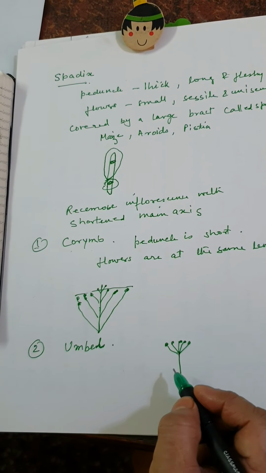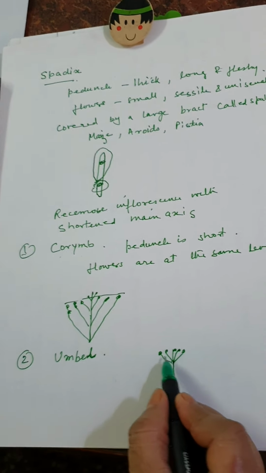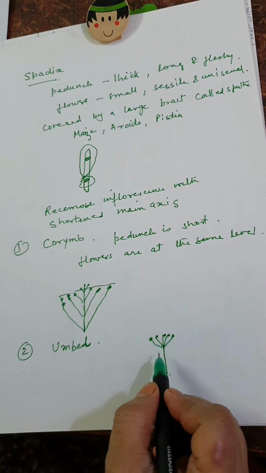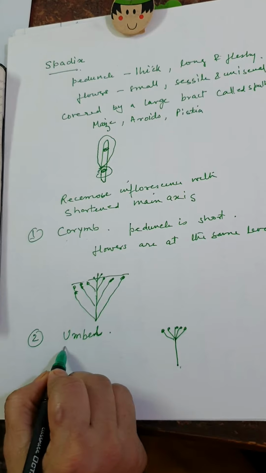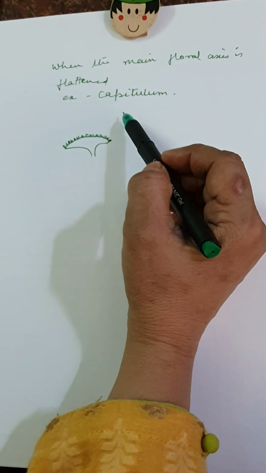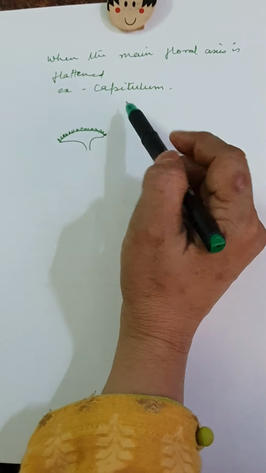They have an umbrella appearance when seen from the top. That's why its name is umbel. The axis is flattened.